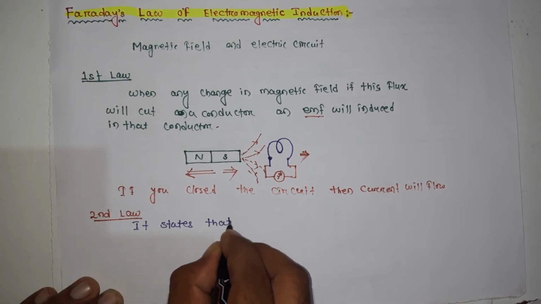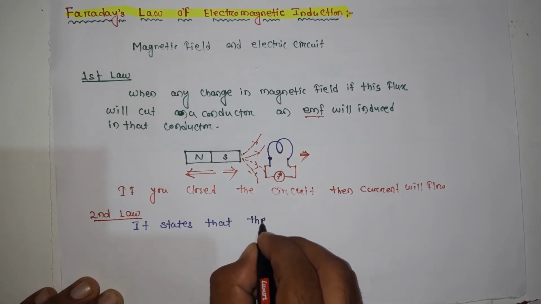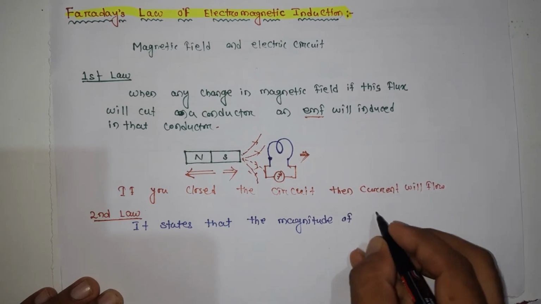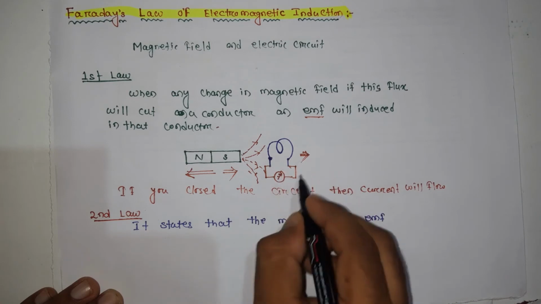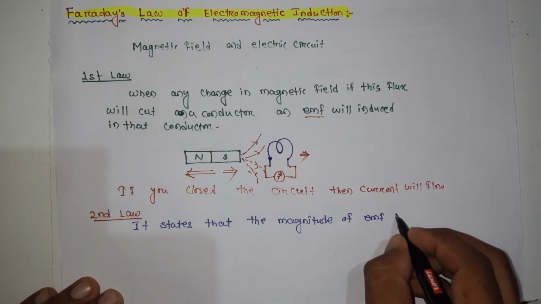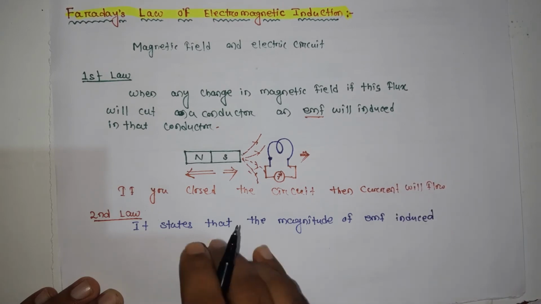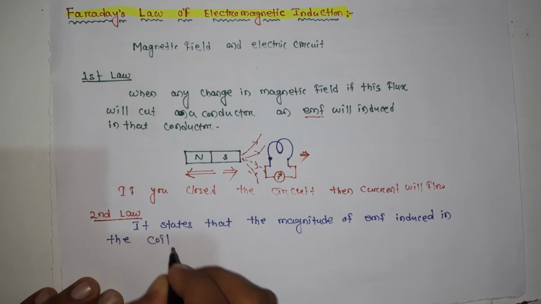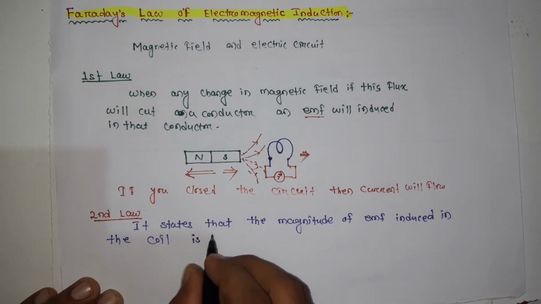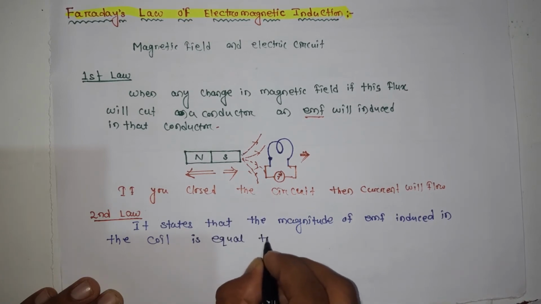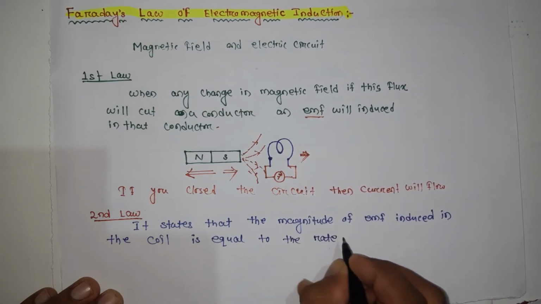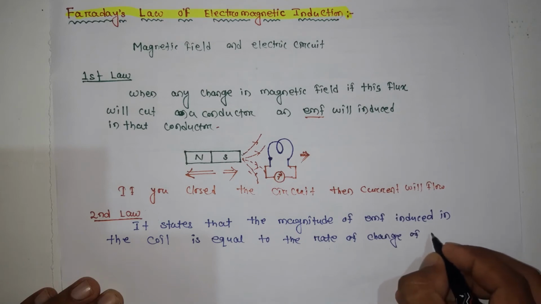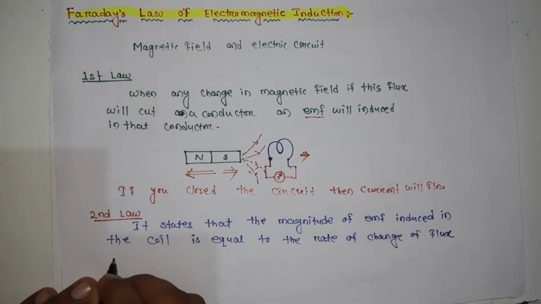that the magnitude of the EMF induced in the coil is equal to the rate of change of flux linkage to the coil.